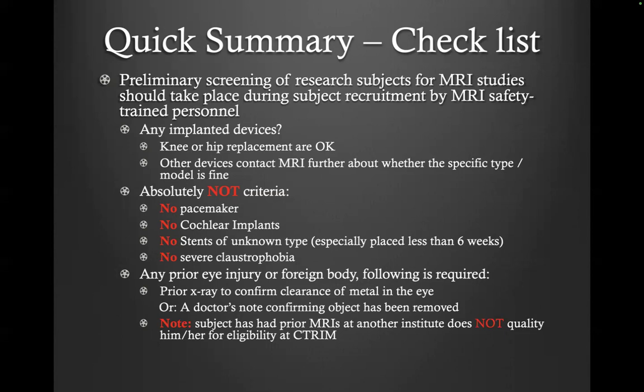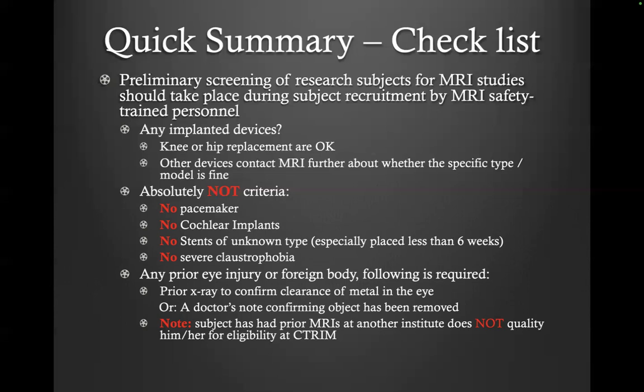If a person knows that she or he has severe claustrophobia, then most likely they're not going to last this 1 hour long research MRI scan inside a small tube. And if you are not sure, you can contact our office and we can schedule test sessions. We have mock scanners, and we can even schedule time on the scanner just to get a feel for whether the person can do it or not.